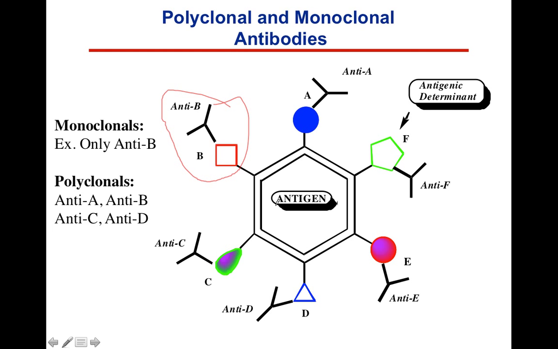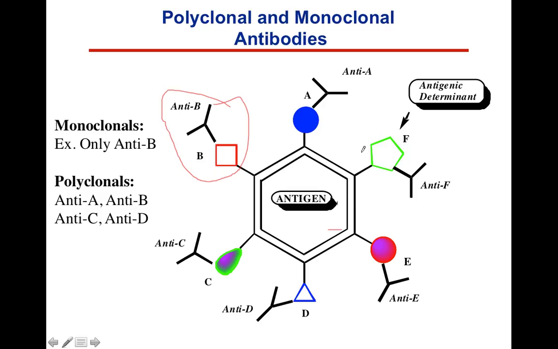Now, if I have a polyclonal antibody mixture, what I would have is, if I had 1,000,000 antibodies in there, and there was an equal percentage of each one of those antibodies that could bind each antigen determinant, then 1/6 of those antibodies would bind to this potential antigen determinant. 1/6 would bind to this one, 1/6 would bind to this one, etc. And so that would be a mixture, and a test tube of those, referred to as polyclonal antibodies, would be able to bind to multiple antigenic determinants on an antigen.